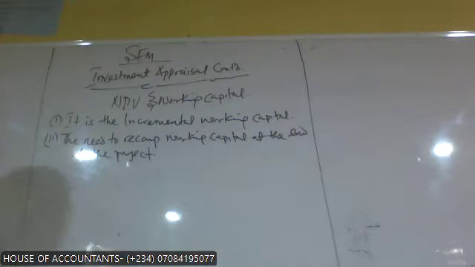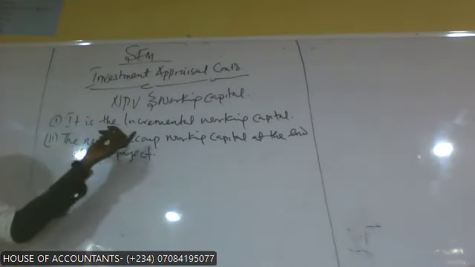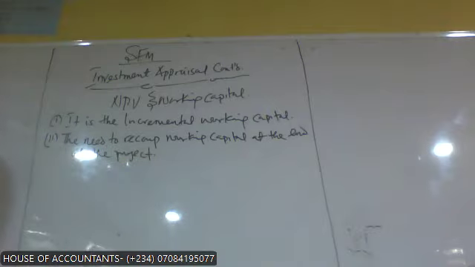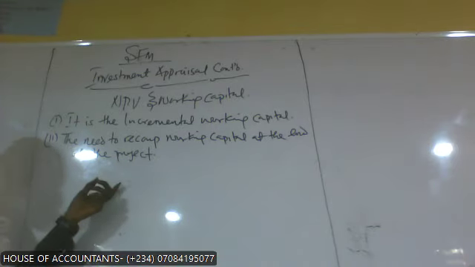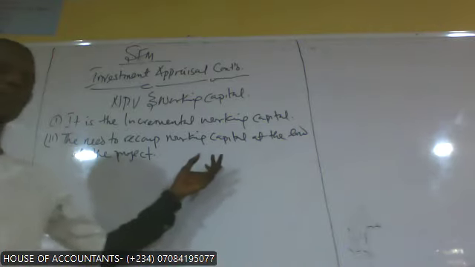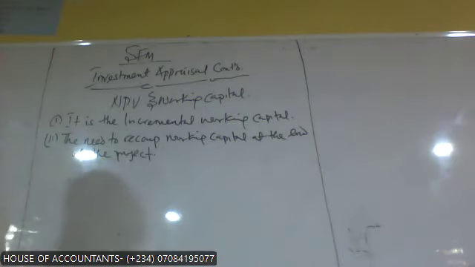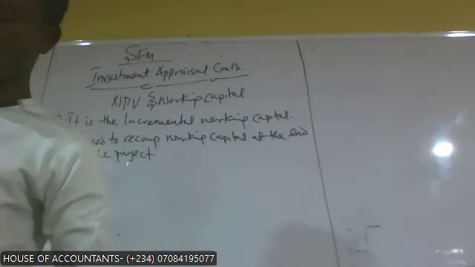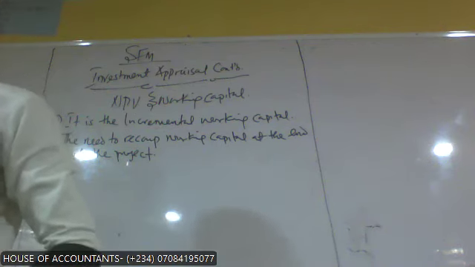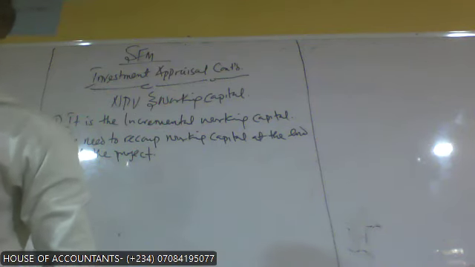Of the necessary adjustments that you need to carry out with respect to working capital, there are two. You should know that in your NPV analysis, you need only the incremental working capital. That is one. The second one is that you need to recoup the working capital at the end of the project. How do you determine the incremental? How do you recoup? So let's look at this example.